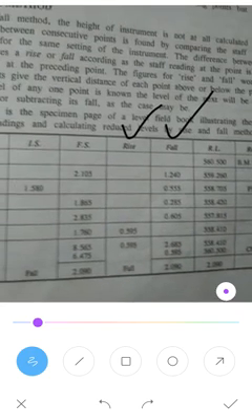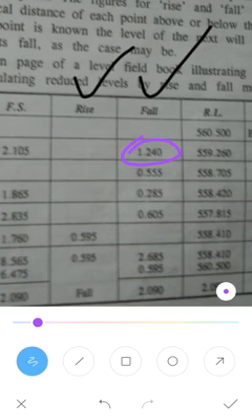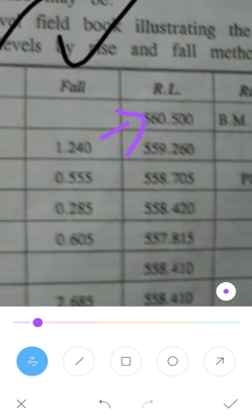Now it is a fall, so fall means you have to minus. Wherever you got the fall, you have to minus: 560.500 minus 1.240, you will get this value.